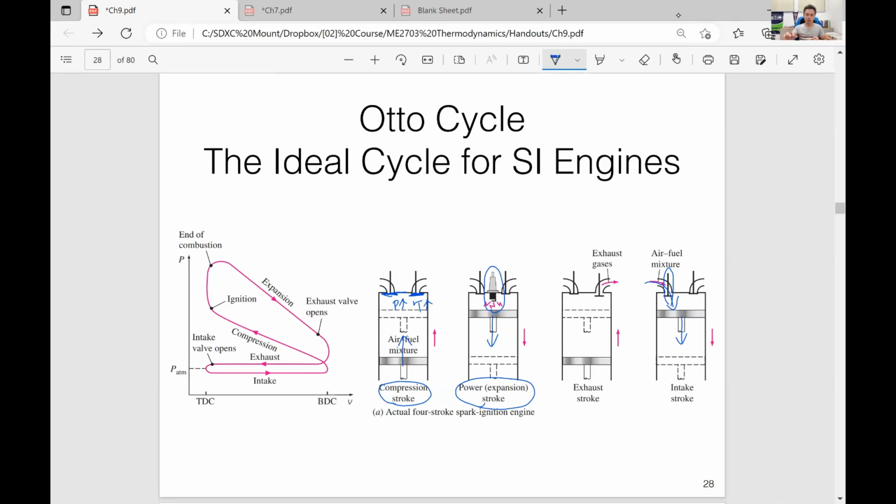Then the exhaust stroke. We need to clean up the waste: the air-fuel mixture is now burned, so it is useless. We need to repel this exhaust gas so that we can draw in a new air-fuel mixture. Then we continue these 4 strokes to deliver the power.